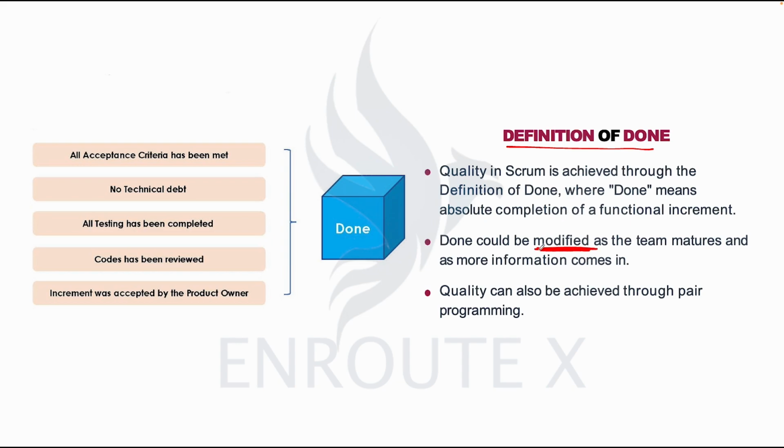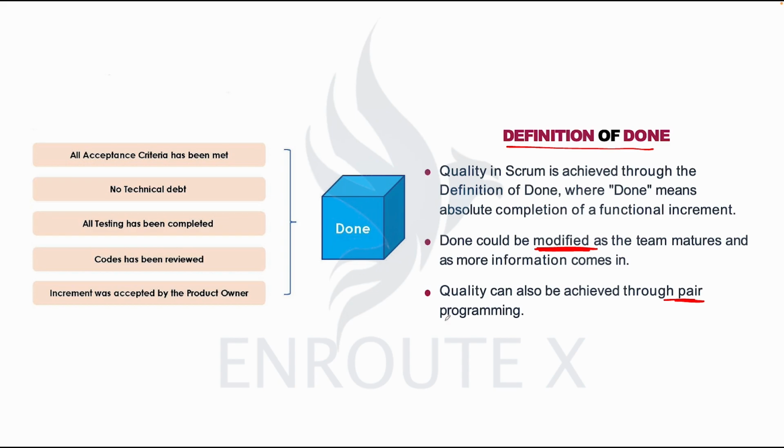So what had been predefined as the team's definition of done is what could be modified. Mind you, it's agile. Anything agile is subject to adjustments, should be flexible, should not be rigid. So as time goes on, where there is need for us to adjust the definition of done, we would do that. Then lastly, quality can also be achieved through pair programming. We're not discussing much about this.